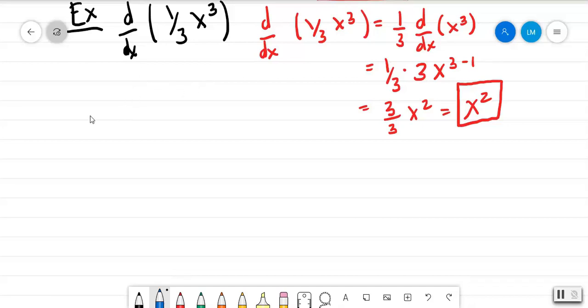Another rule is called the sum and difference rule. So the sum and difference rule basically tells me, let's go ahead and just change that to sum and difference.